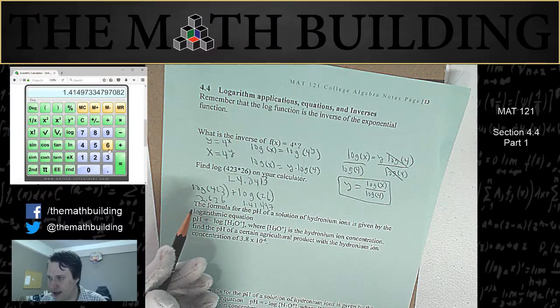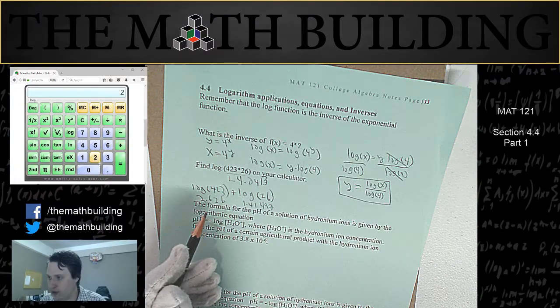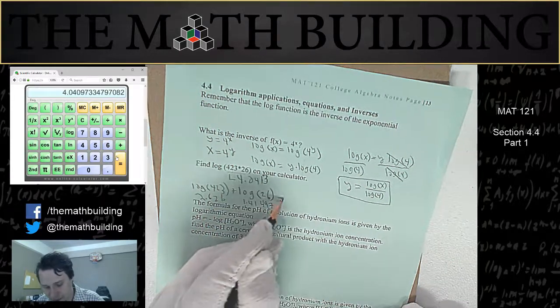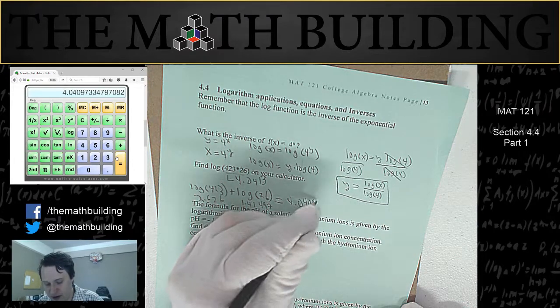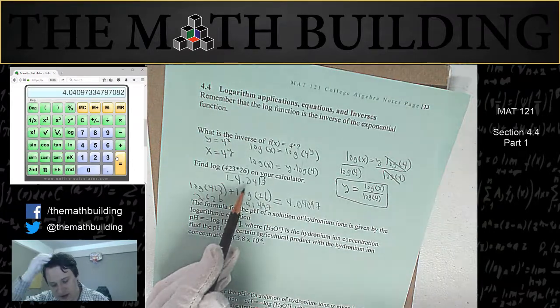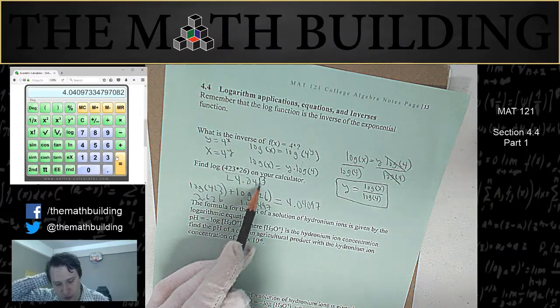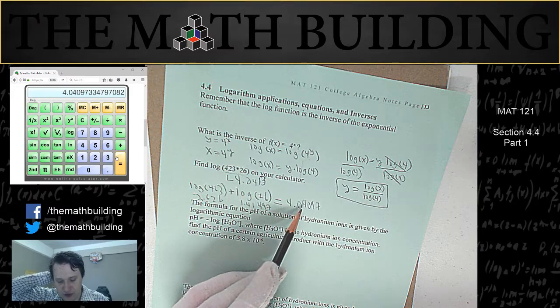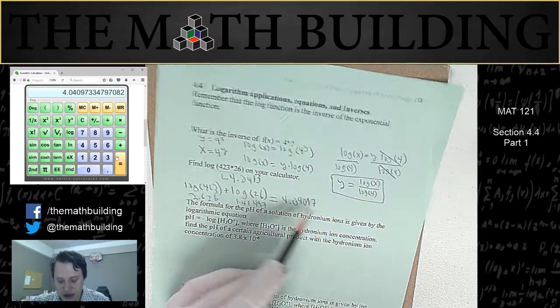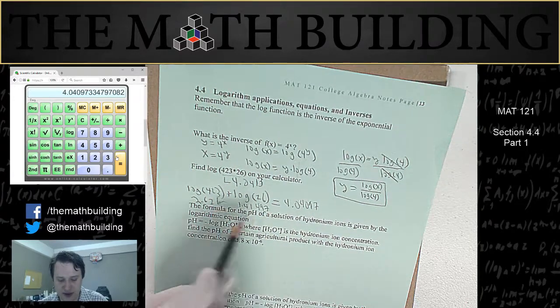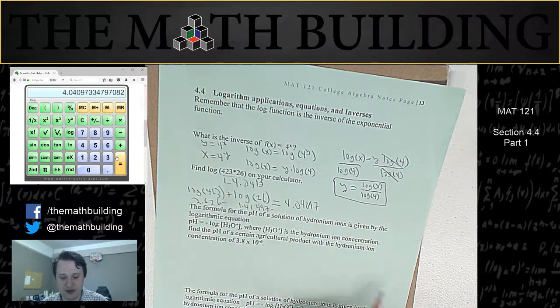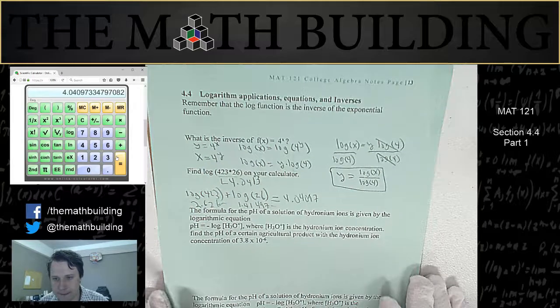And let's add that to 2.626. We get 4.04097. So you can see they're pretty close, 4.0413 or 4.04097. They would have been exactly correct if I could have done an infinite number of decimal points here and here. But so there's two ways to do that problem.